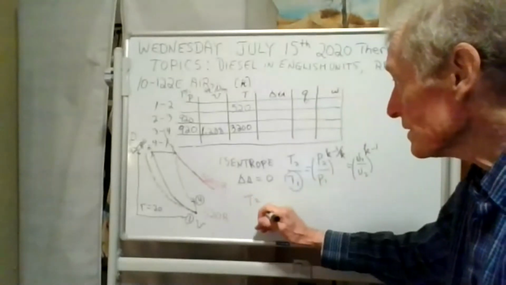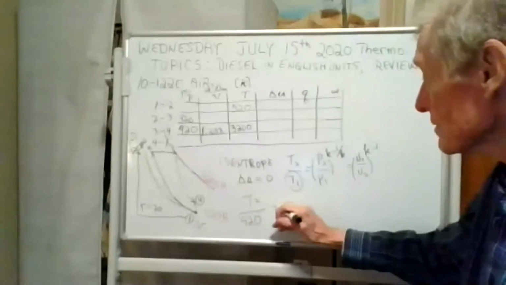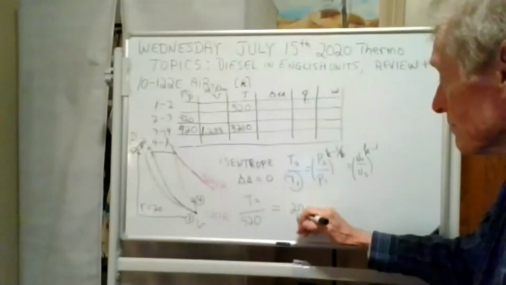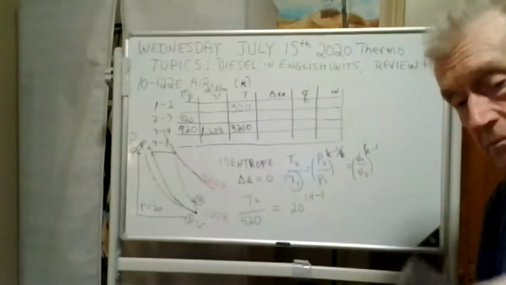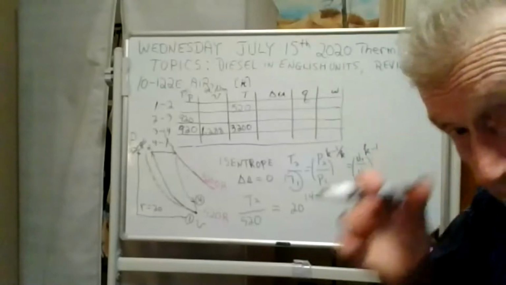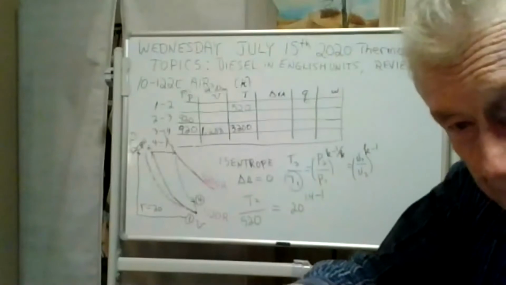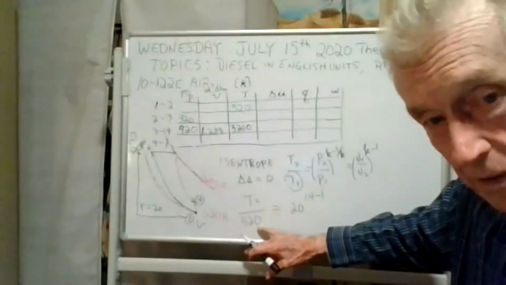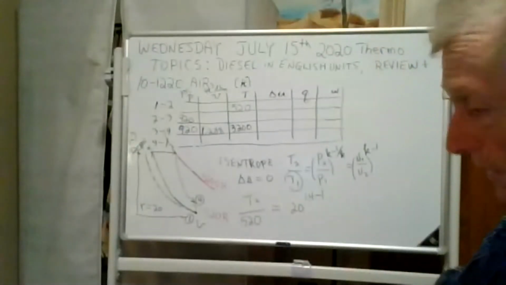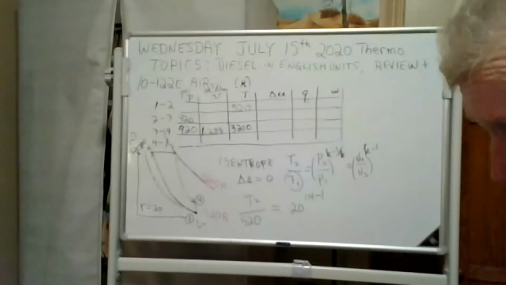T2 over T1 is equal to 20 to the 1.4 minus 1. Okay. Can you read my writing? T2 over 520. Yeah, you can read my writing. Go for it. Let's find out what T2 is. Here we go.